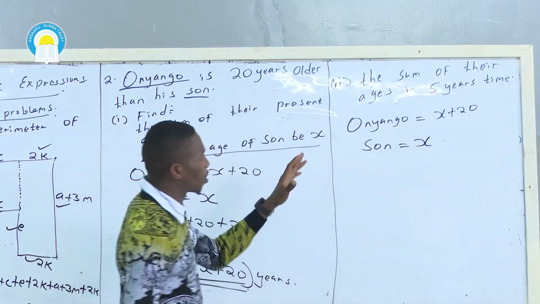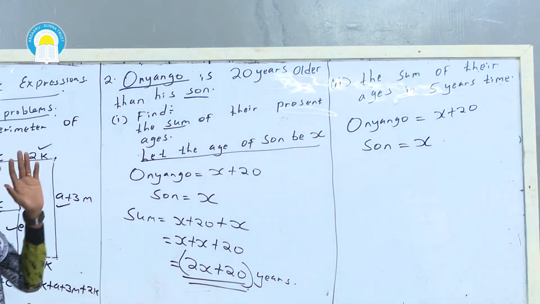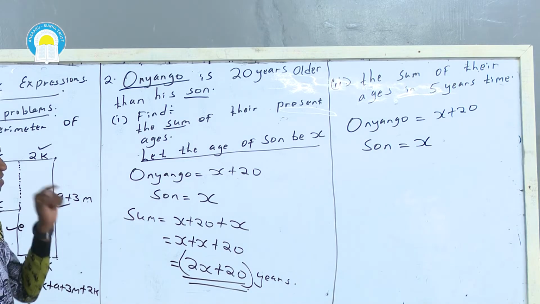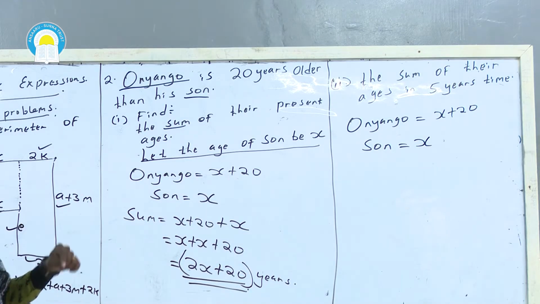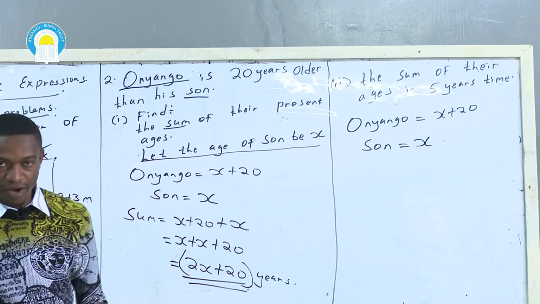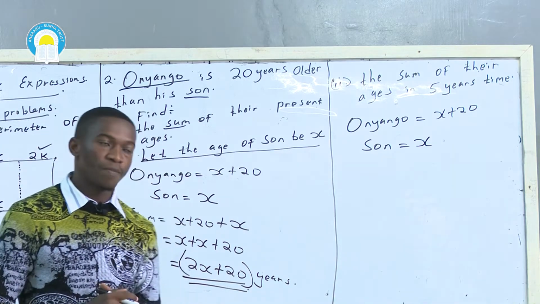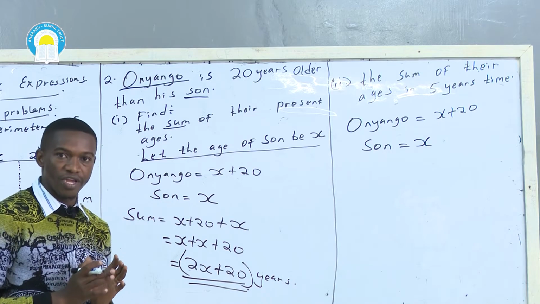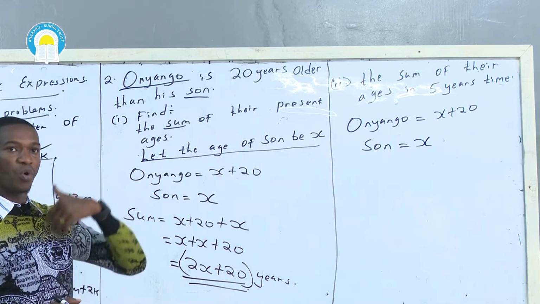But when you go back to the question, the sum of their ages in 5 years time. If Onyango is x plus 20 years of age now, in 5 years time you will take the age of Onyango, x plus 20, then you add 5.